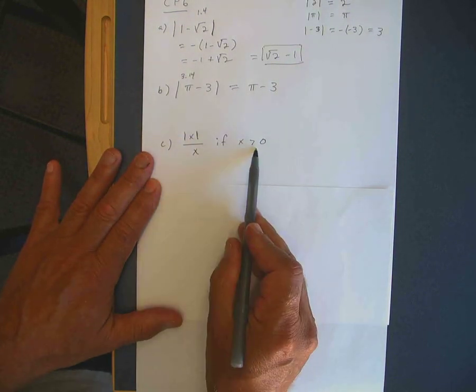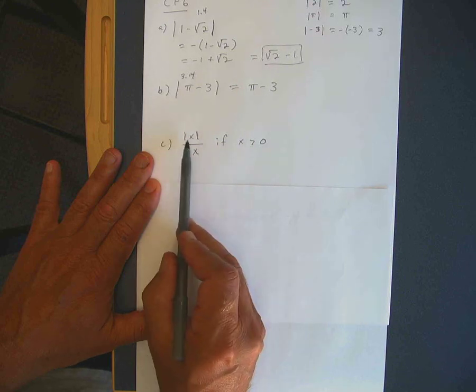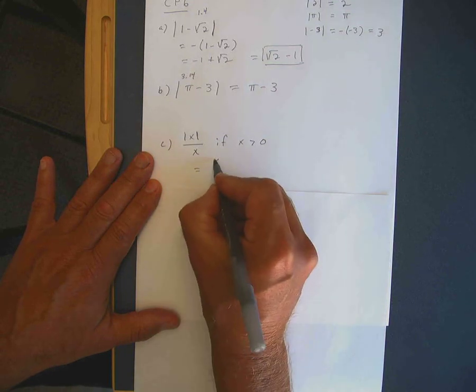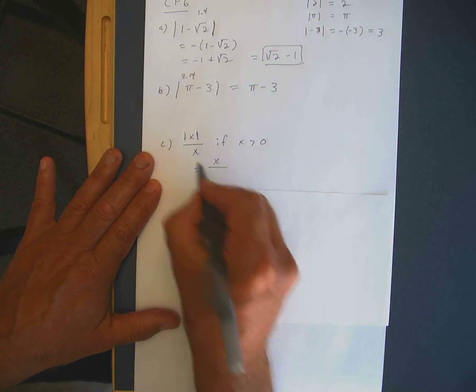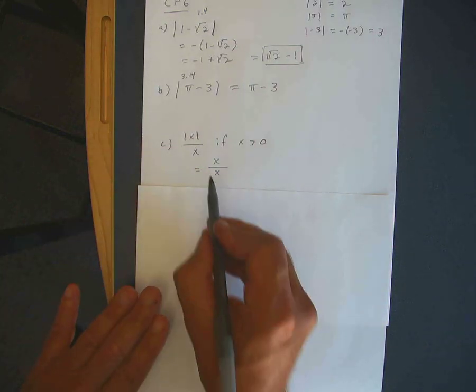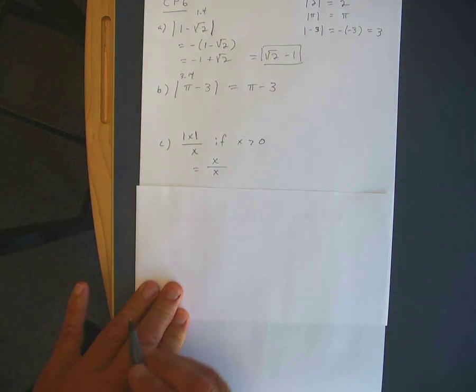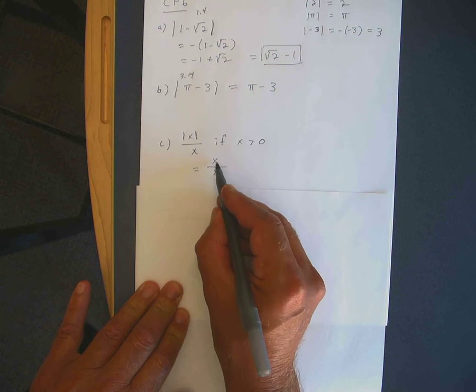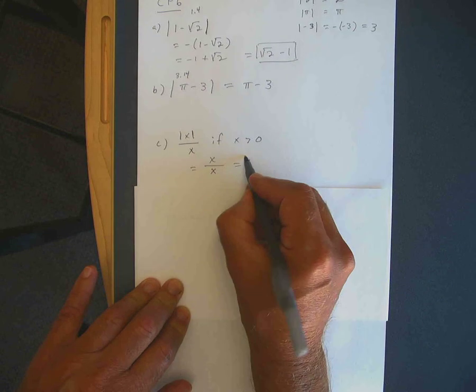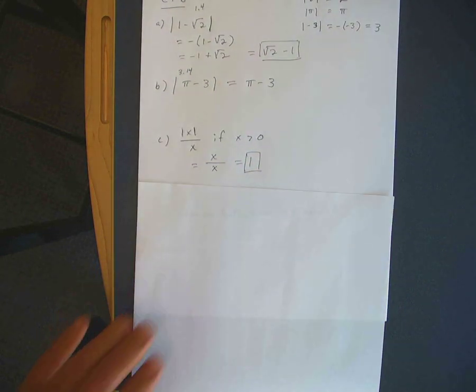Since x is greater than 0, we can simply remove the absolute value symbol. So this expression is the same as x, and the denominator will not change. It'll be x over x. Since x is not equal to 0, we can simplify this. Any number divided by itself is equal to 1, as long as it's not 0. So the answer would be 1 when you simplify it.